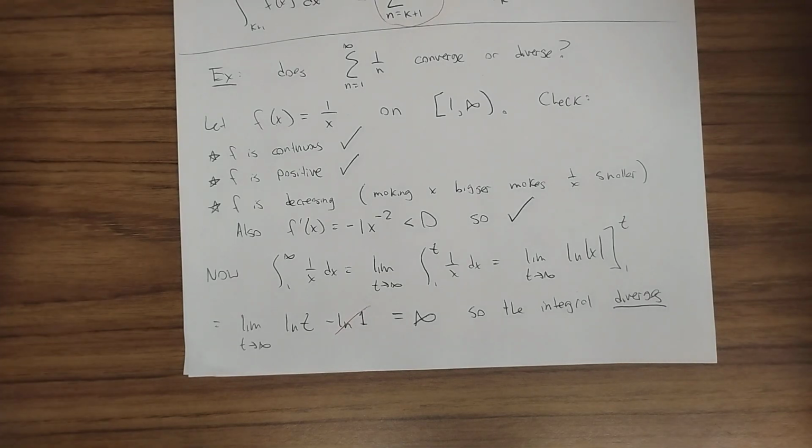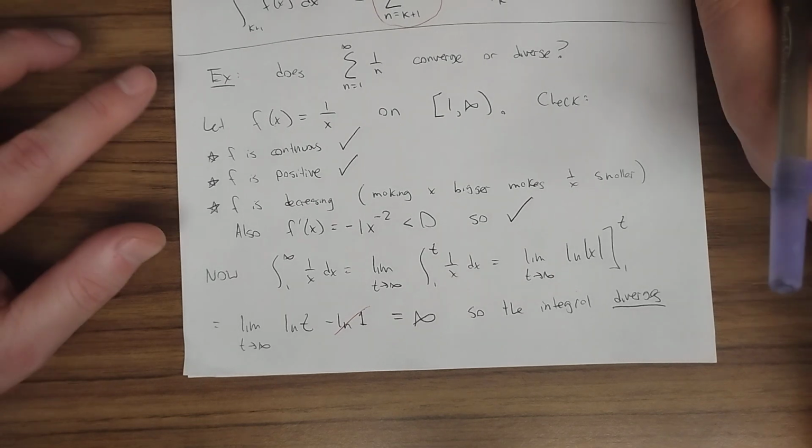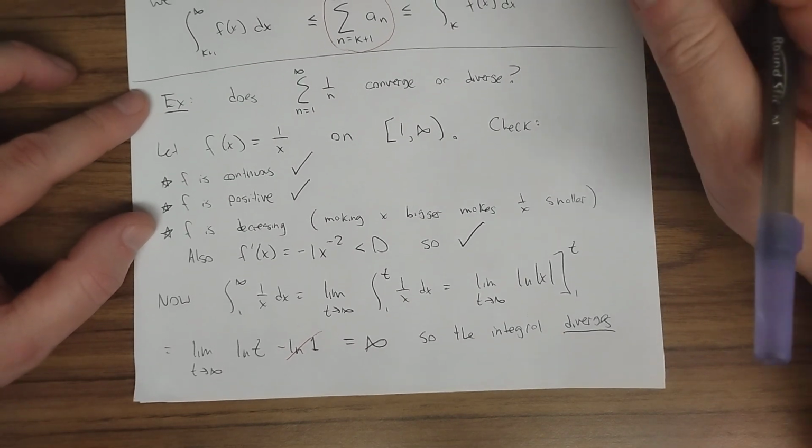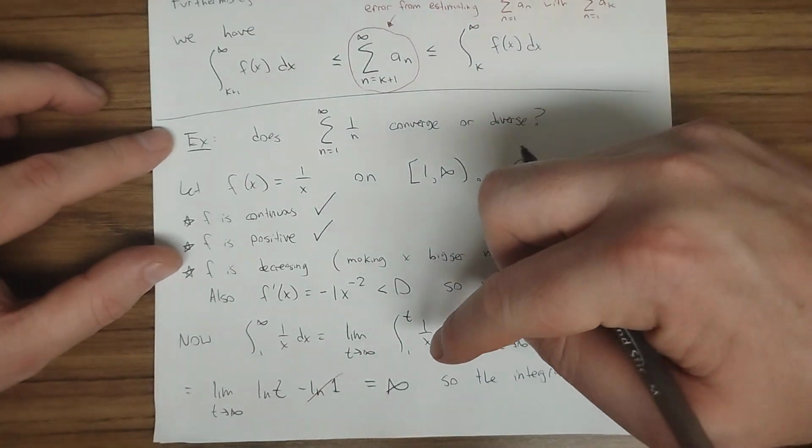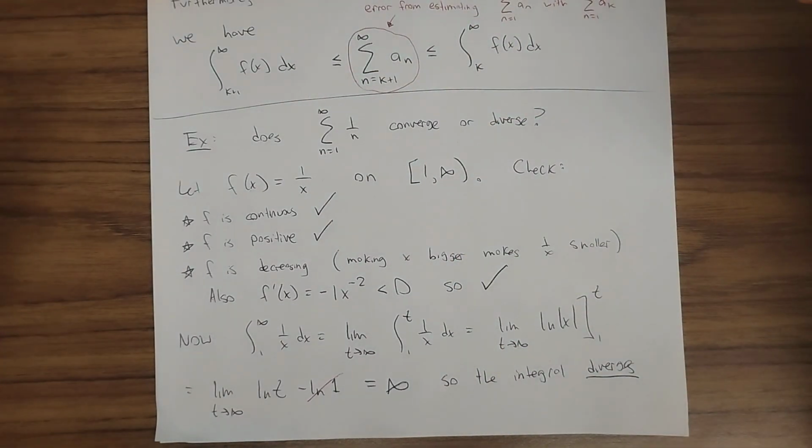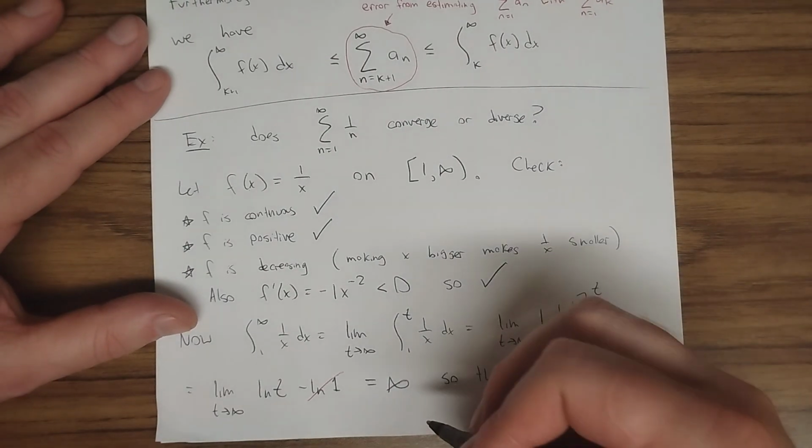And maybe this is the first time I've done this, but when I answer these questions, I try to be very specific. Like, we're talking about two different things. We're talking about the series and the integral. And so I'm going to be careful when I say stuff like it diverges or it converges. What is it? You know, that has to be clear. The integral diverges.